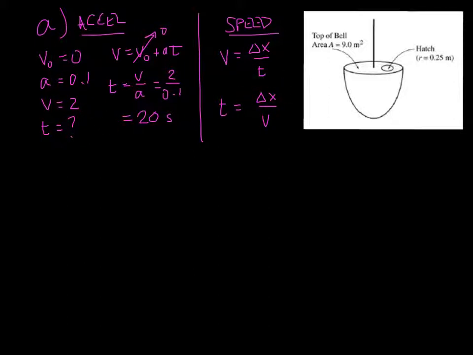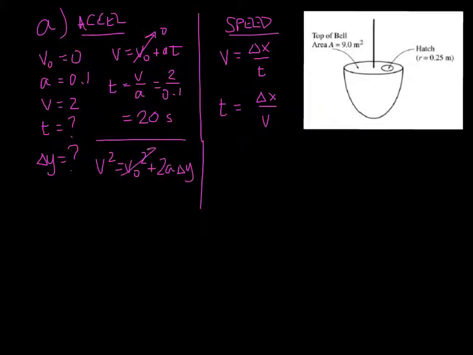So we've got to go back to the acceleration part of the problem and solve for that distance. So I'm going to call it the delta y, which is question mark. So you can use any of the equations now, except for that one that we just used, because it doesn't have a delta y in it. So I'm going to use the one v squared equals v0 squared plus 2a delta y.